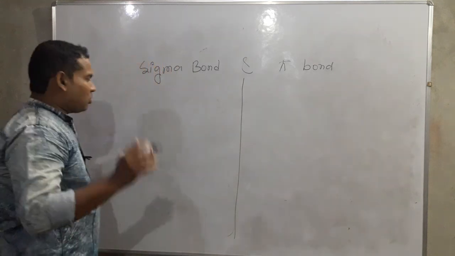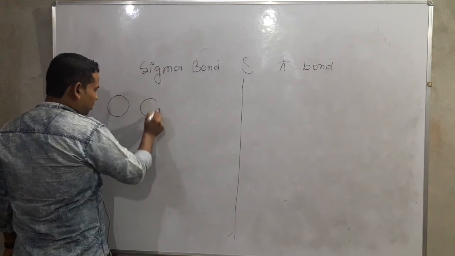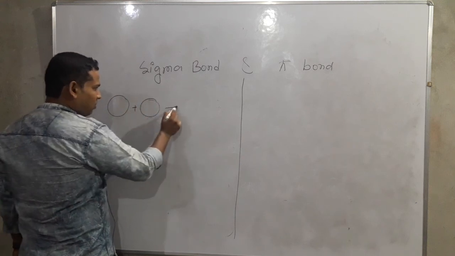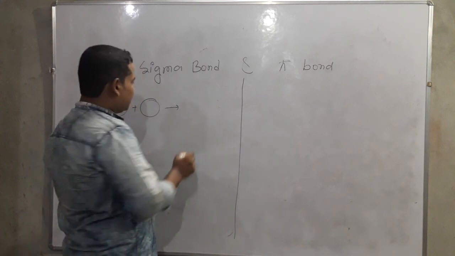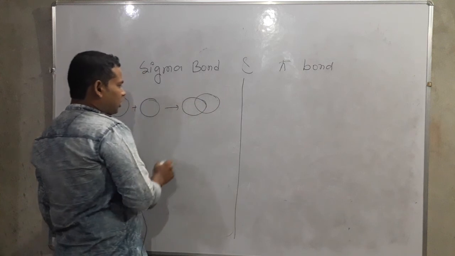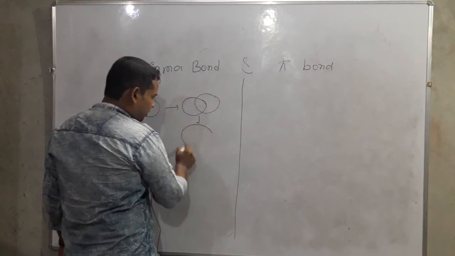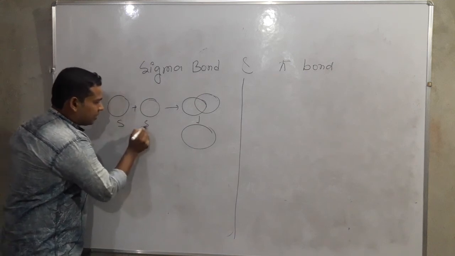Sigma bond: that is ss overlap, this one is an s orbital, this one is an s orbital. Both the s orbitals overlap each other and form a molecule like this. Clear? Ultimately this one goes like this structure. Okay, this is the s orbital.